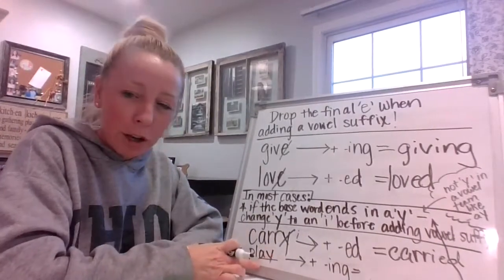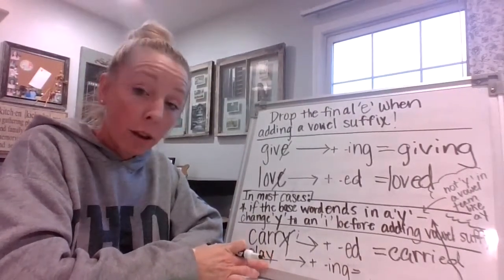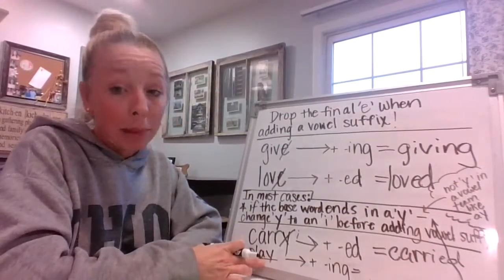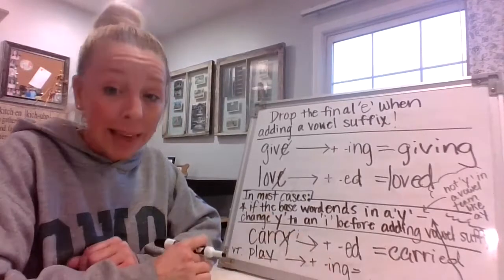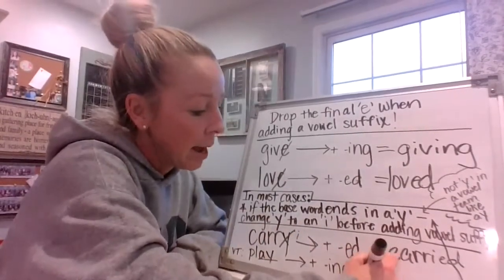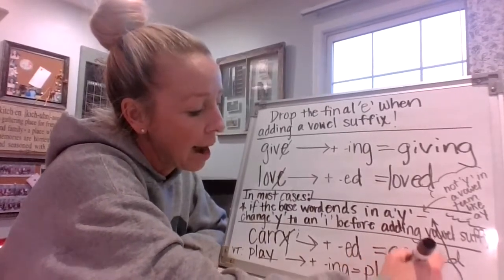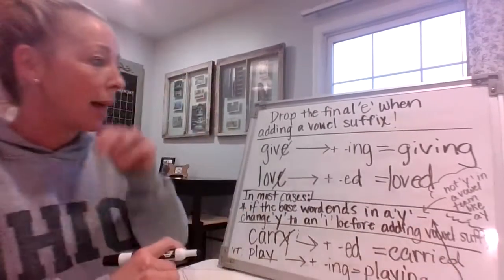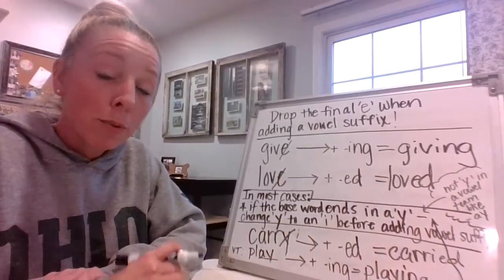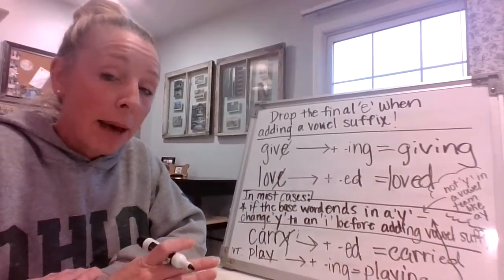So we wouldn't change that to an I. We leave it alone because A and Y are together. So that's why in play plus ing, playing, the Y stays a Y. Playing.